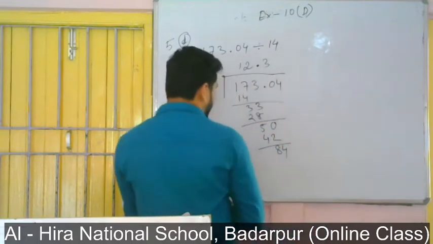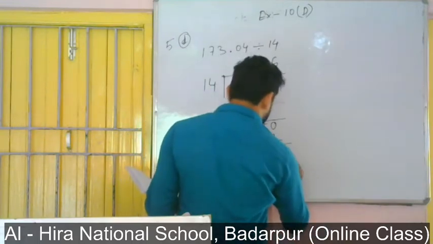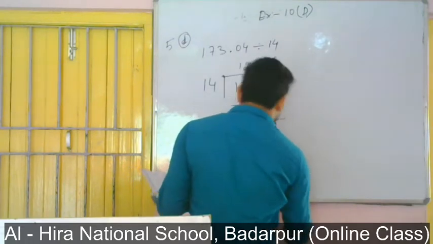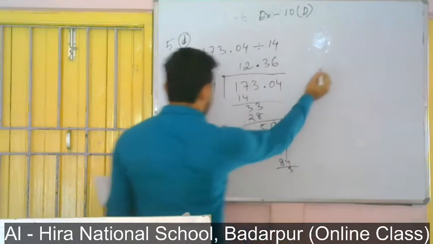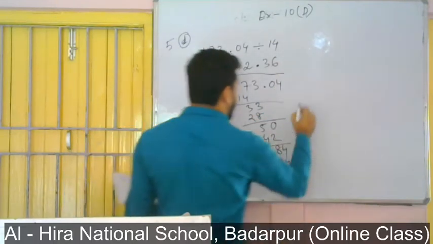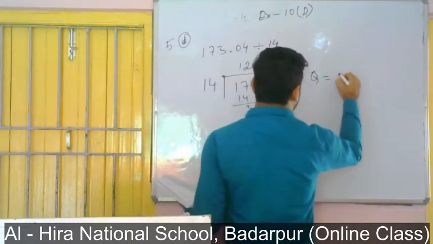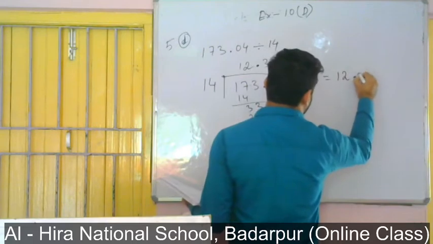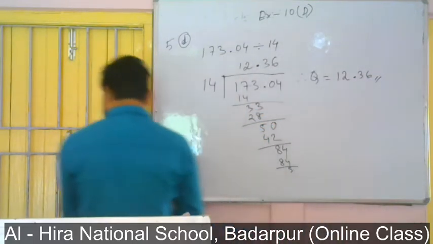Okay, then 14 6 jar 84. Okay, so you see 12.36. So write, therefore quotient equals to 12.36. Okay, 12.36.